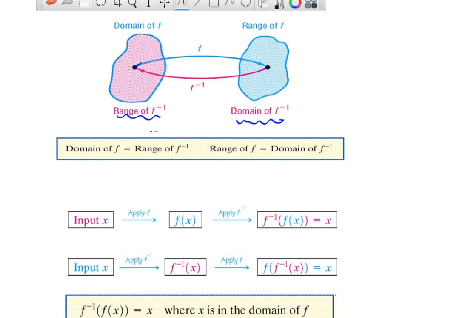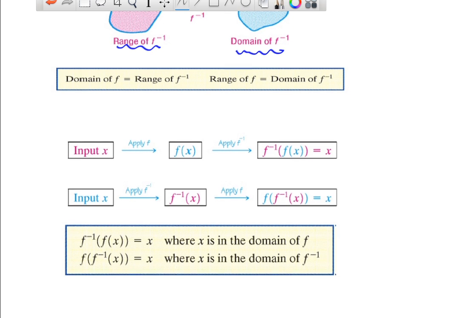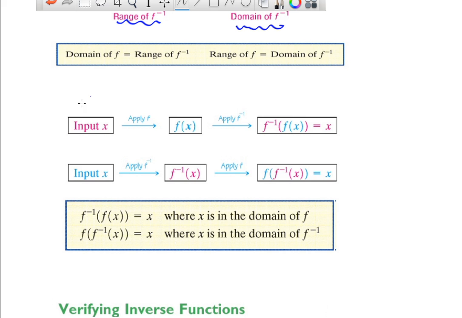And that's really a pretty good definition for what an inverse is. An inverse undoes the effect of the original function. And that's basically what we're seeing here as well. If we take an input and we apply f, we get a function value. And then if we take the inverse of that function value, you're back at square one.